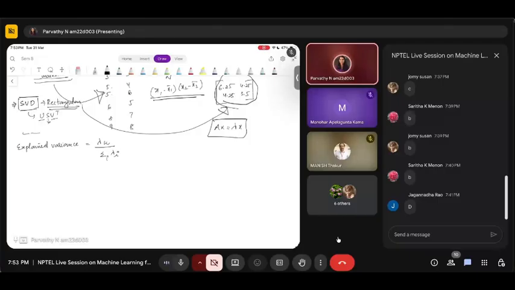So, for a principal component k, the explained variance, you have n number of features, x1, x2, etc. up to xn. You want to reduce it to m dimensions, where m is less than n. You want to reduce it to a lower dimensional space.